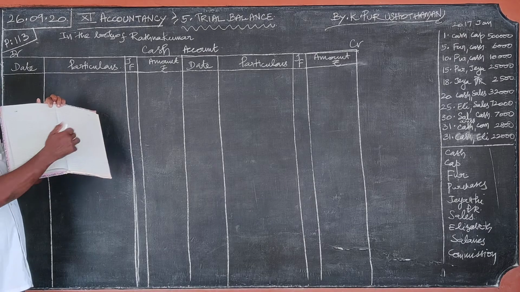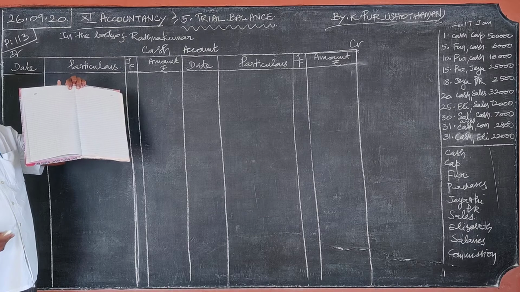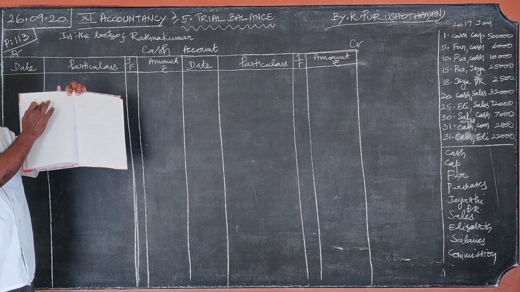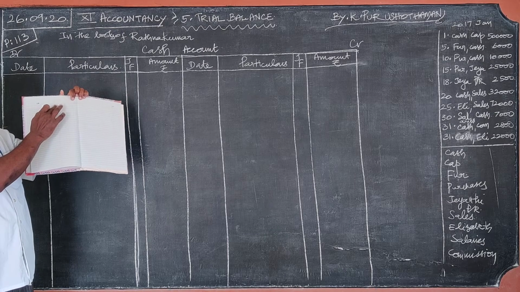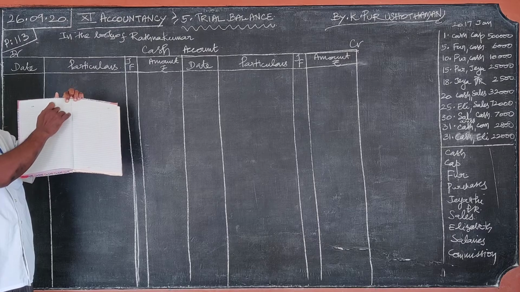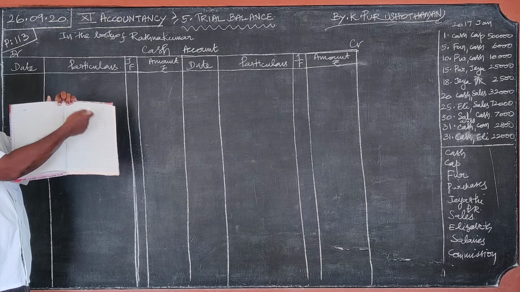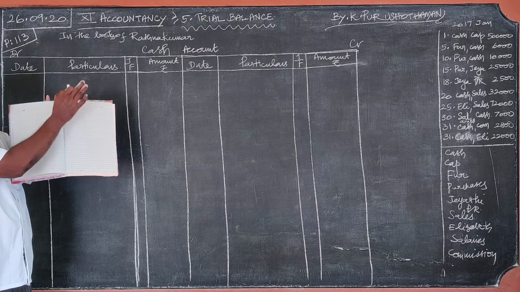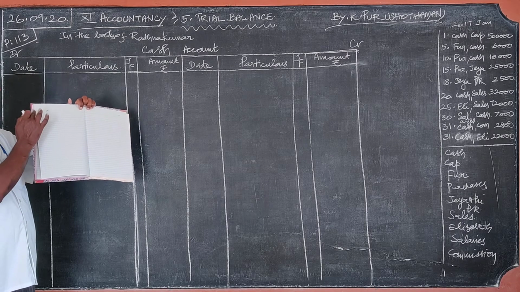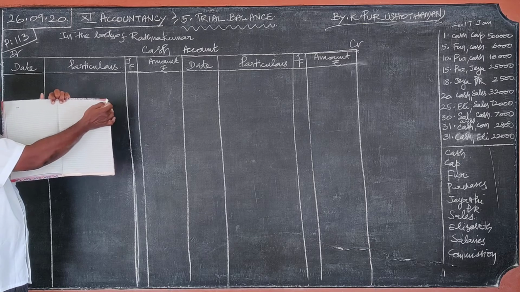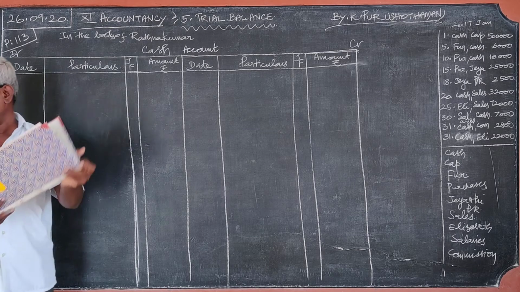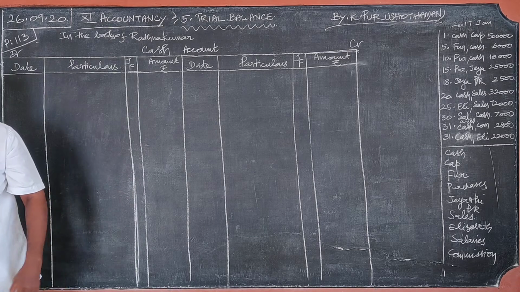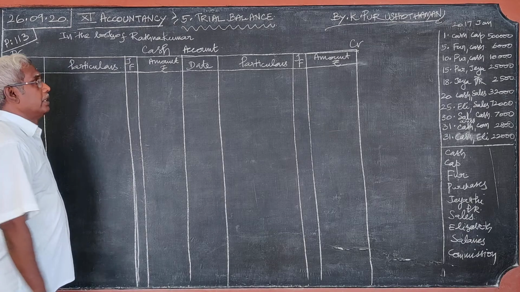These two sides, how you should use, I told you very many times. Date, particulars, journal folio, amount rupees. Leave the other column, go to the other side. Date, particulars, journal folio, amount rupees. This left hand side is debit, right hand side is credit. So remember the format, which is very important.